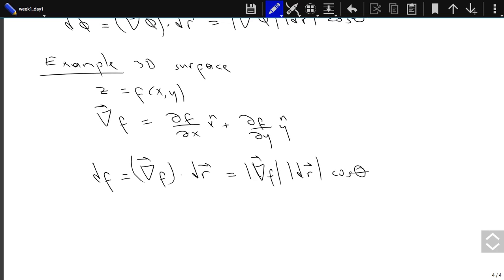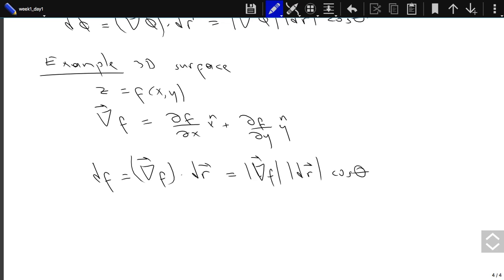Now, I can only obtain the maximum positive df when dr and gradient of f are exactly in the same direction, when theta is exactly 0. When theta is exactly 0, df will be maximum. Since I'm looking at this point over here, df is maximum if I take a step in that direction.